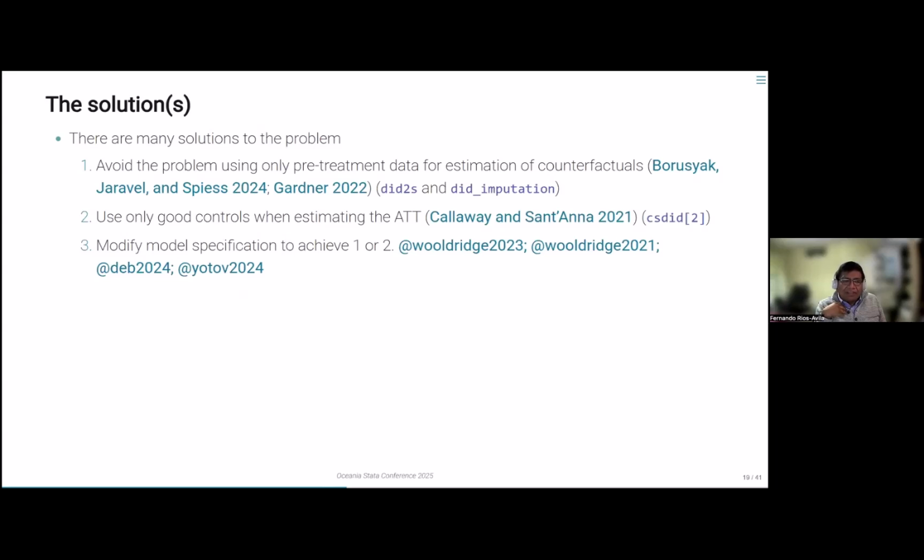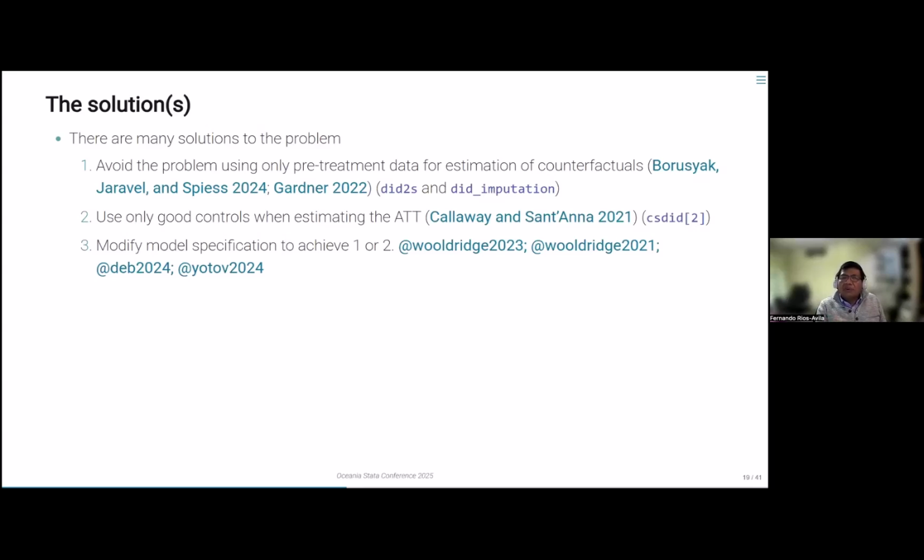I have classified them in at least 3 approaches. One of the approaches is, if you want to avoid the bad controls, just use pretreatment data or data that is not affected by the treatment to create these counterfactuals. Use that to make predictions, and then use those predictions to estimate your treatment effects.